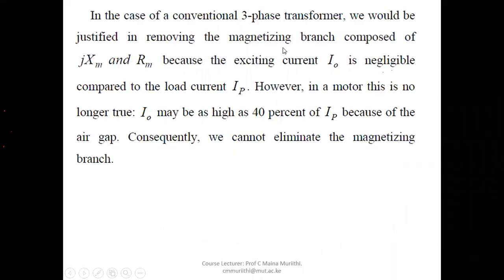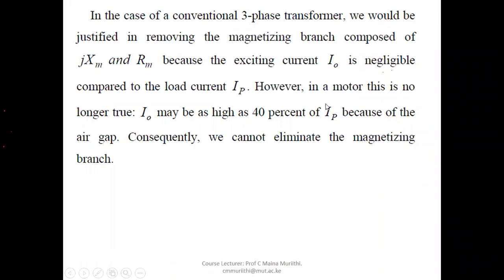Now, in the case of the transformer, if you recall transformer theory, the exciting current was much smaller compared to the load current. It was actually 1 to 5%. So in some cases, we would neglect it to come up with what we call the series model of the transformer.